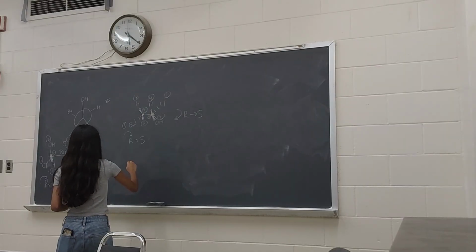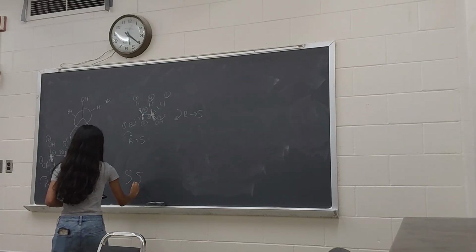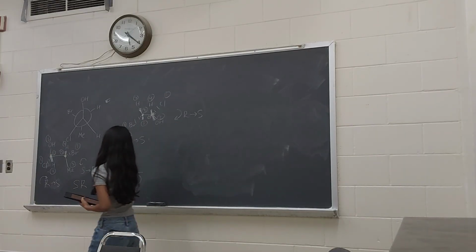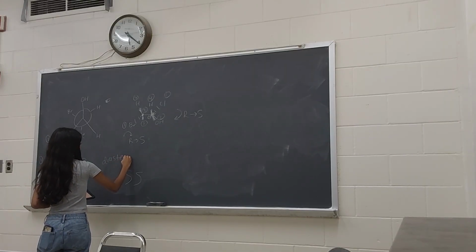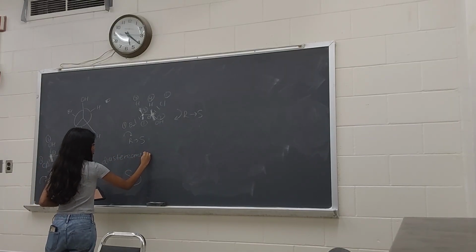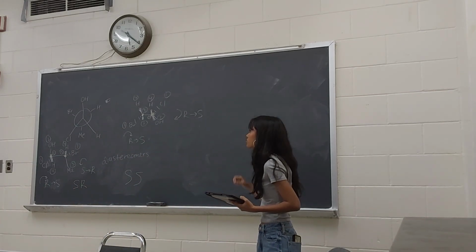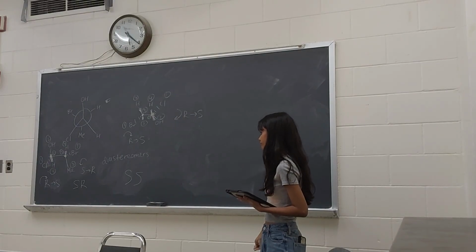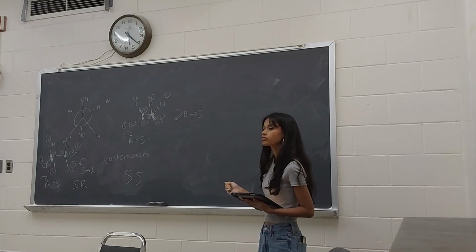So this one's SS, right? Which makes these diastereomers, yeah. Because one is different, right? So, question, can there be something that is SR, and that would be same, right?